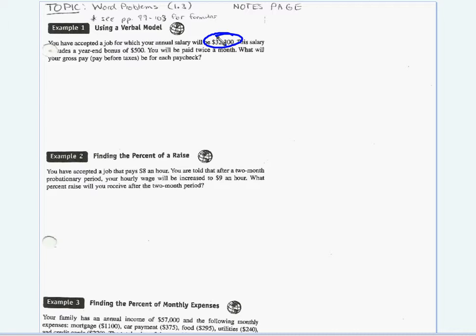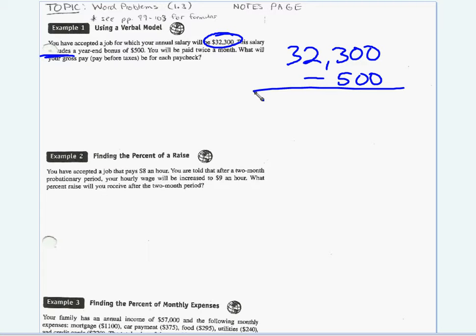Now, this $32,300, sometimes we're going to use a formula and sometimes we're not. Sometimes we're just going to be good problem solvers. That $32,300 includes the bonus. So I need to subtract the bonus. You only get that once a year at the end. That's not part of your regular paycheck.